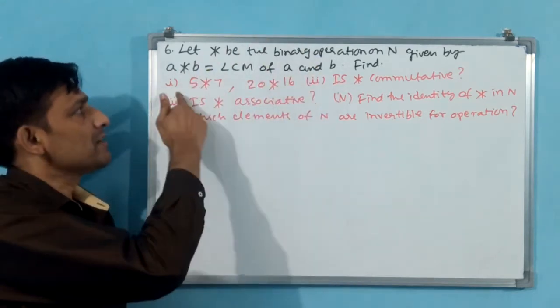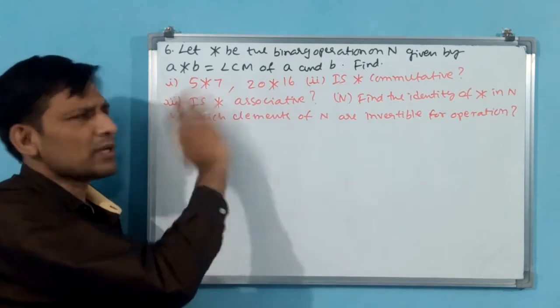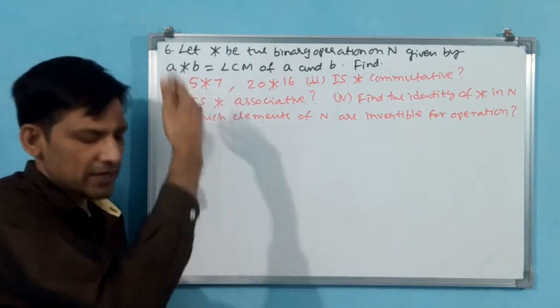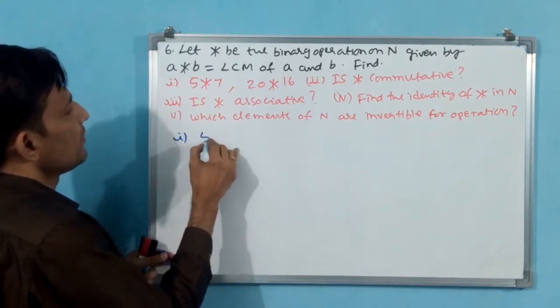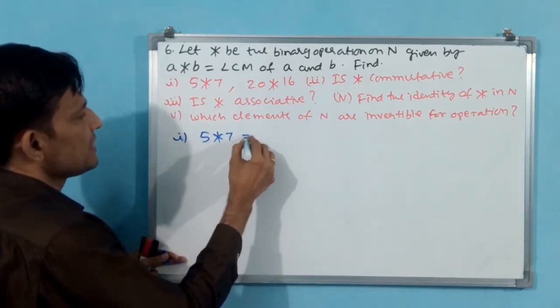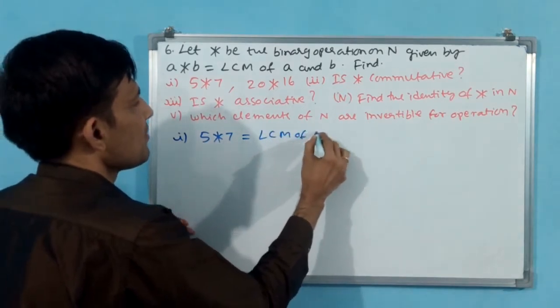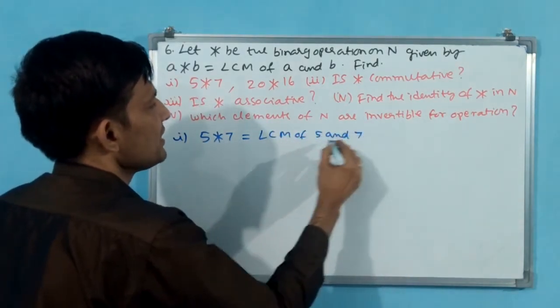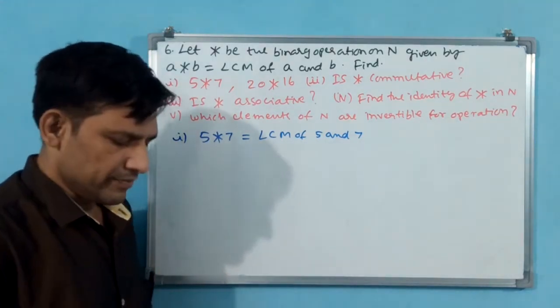We will find one by one. We will do 5 star 7, 20 star 16. Both are separate, they have given with a comma. First let us find 5 star 7. 5 star 7 is equal to, that means what we have to write? LCM of 5 and 7. LCM of 5 and 7, LCM of 7 and 5, both are same.